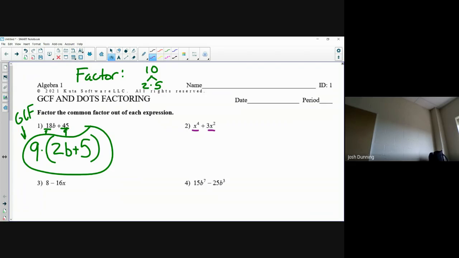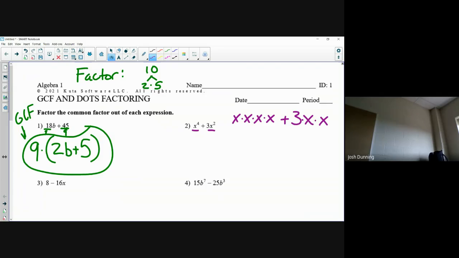Now, you don't have to do this every time. This is just an explanation. If you got really large exponents, you wouldn't have room to do this. So I'm just going to explain by expanding these out. X to the 4th is x times x times x times x. X squared is x times x.